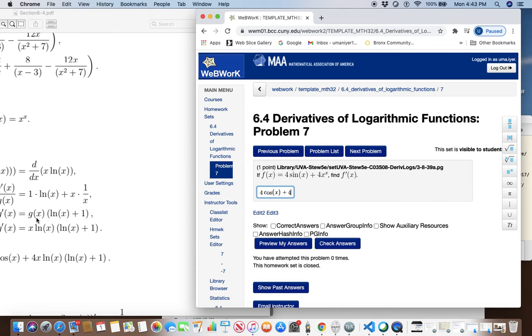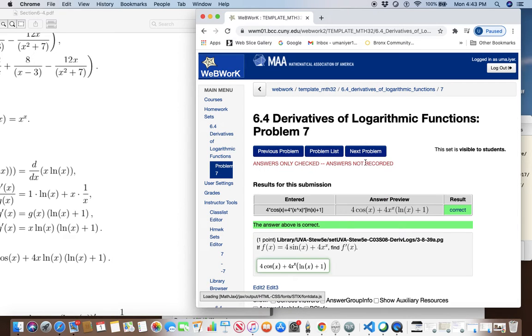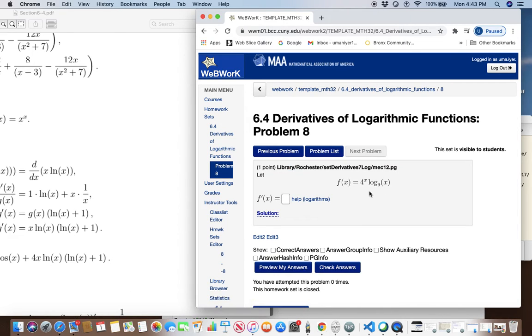I need g(x), which is x raised to x, times natural log x plus 1. All right, fantastic.